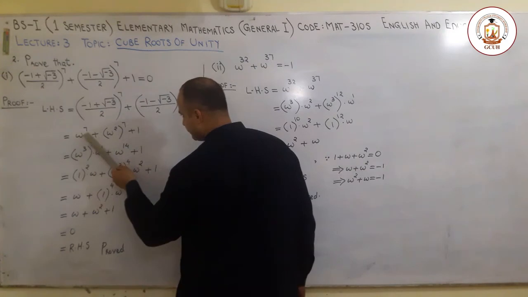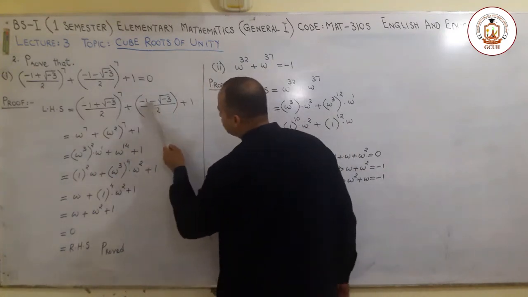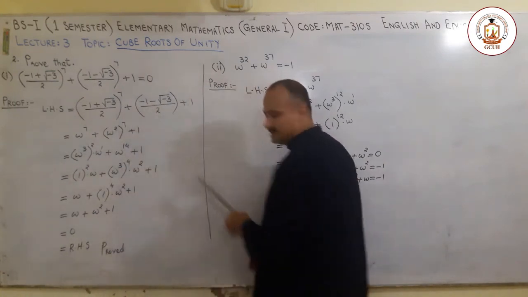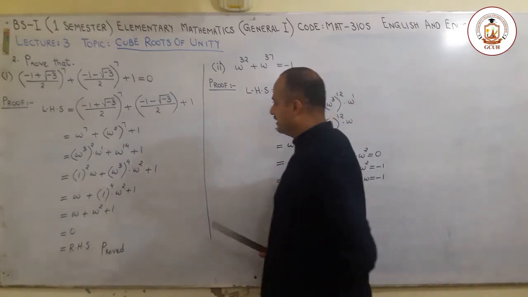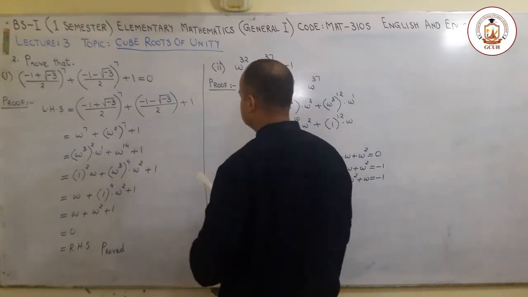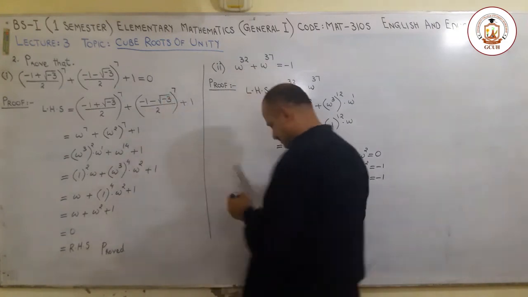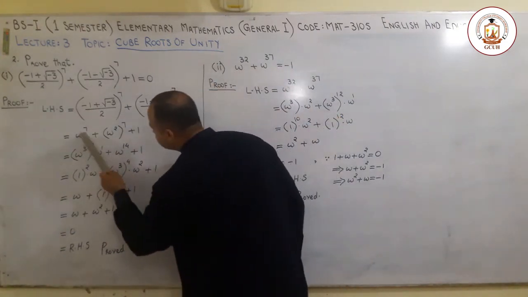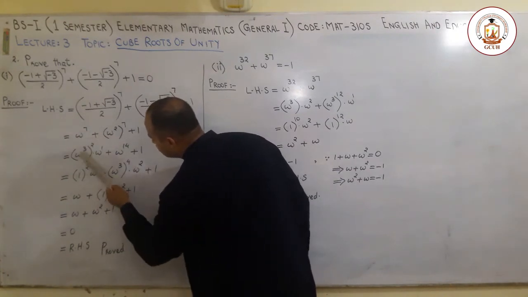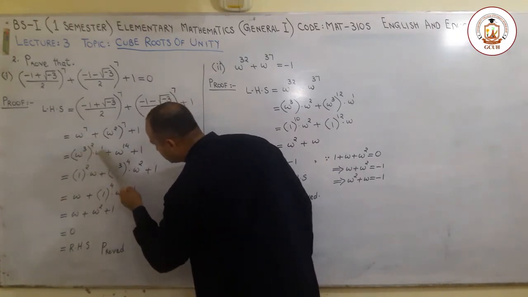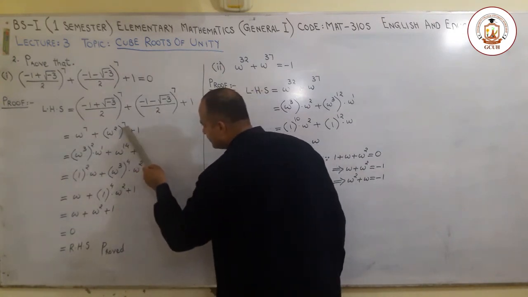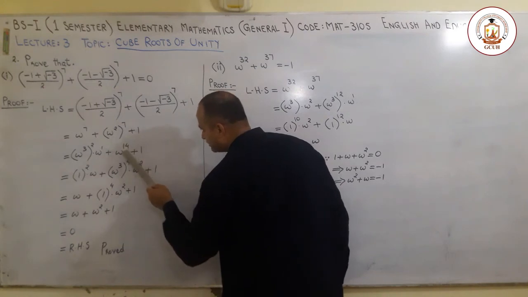Here the power is written 7. So definitely the other complex cube root of unity will be its square, and here again power 7 is written. So we break this power 7 as 3 into 2, which is 6, plus 1, 7, and these two powers will multiply, which gives 14.